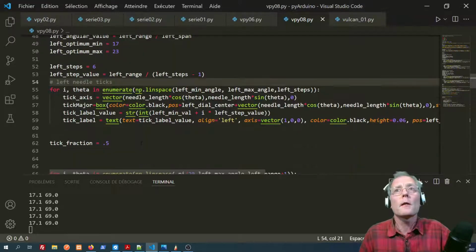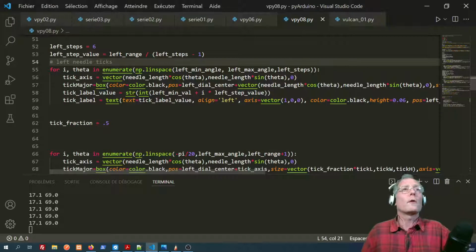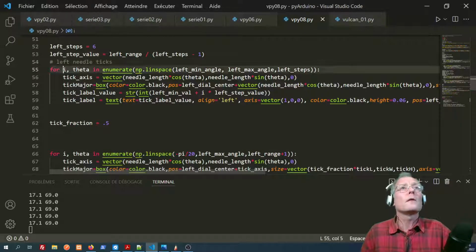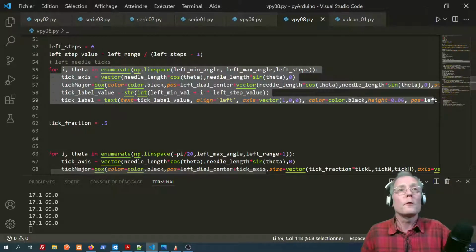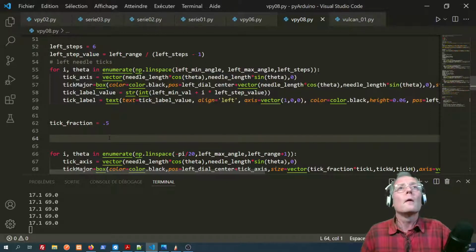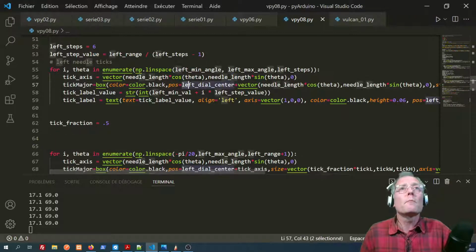Okay, then I can go on and draw the ticks as I used to do before with your solution. There's no big modification here. The main modification is that the position here starts not from 0, 0, 0, but from the left dial center.